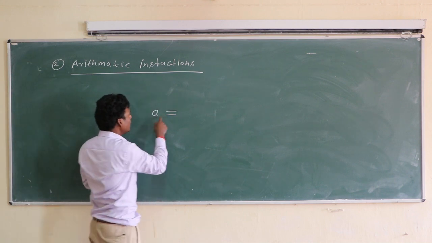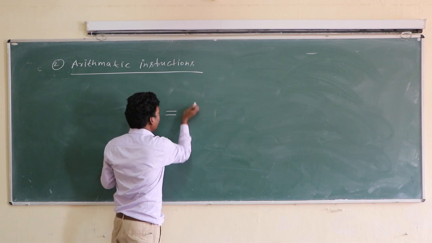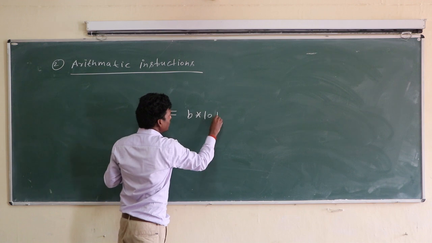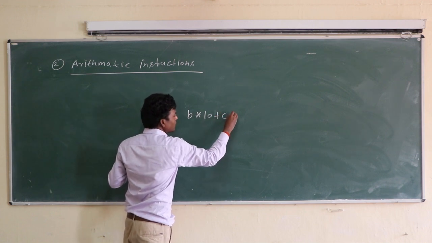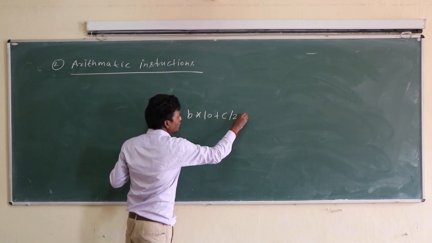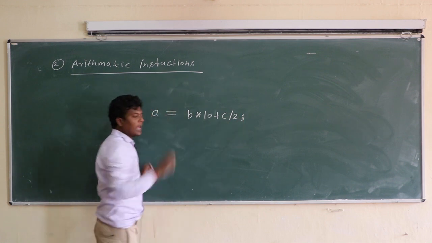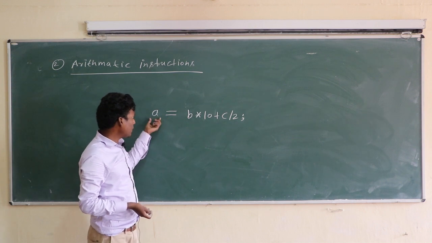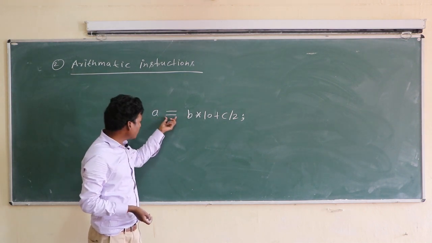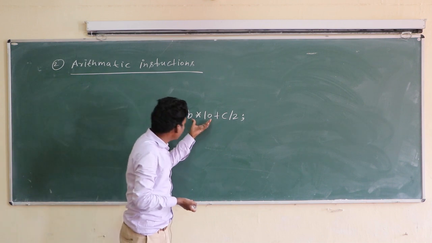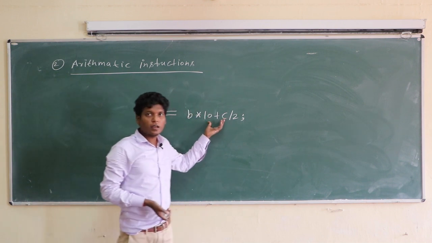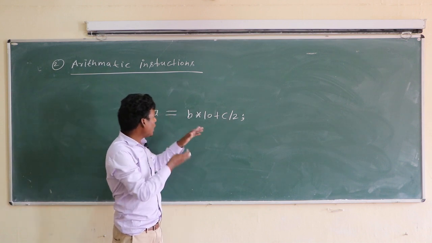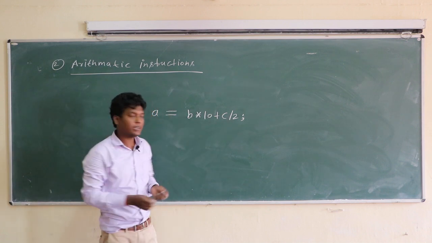For example, a = b * 10 + c / 2. Suppose this is a valid arithmetic instruction. In this instruction, a single variable is on the left side of the assignment symbol, and some variables and constants are on the right-hand side, connected by means of operators.